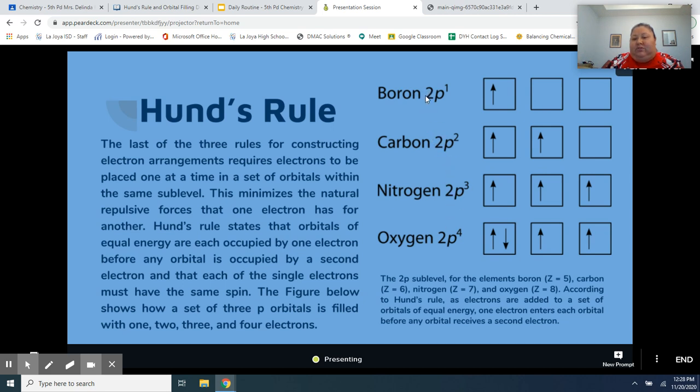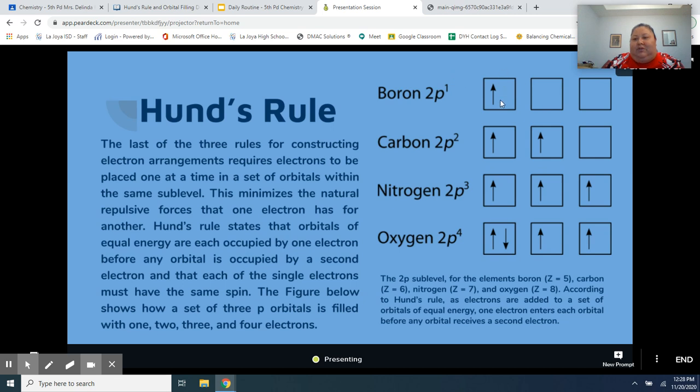Energy level 2, orbital p. Boron has one electron in that orbital. For carbon, there are 2 electrons. For nitrogen, there are 3 electrons. And for the fourth element, oxygen, you're going to have 4 electrons that need to be distributed evenly.